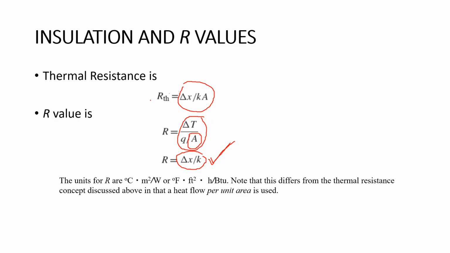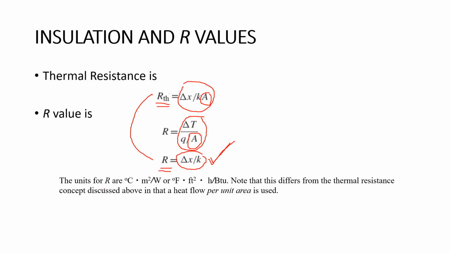We can compare these two equations, thermal resistance and R value. As you can see, in case of thermal resistance, we have this area here, and for R value, it is for a unit area.